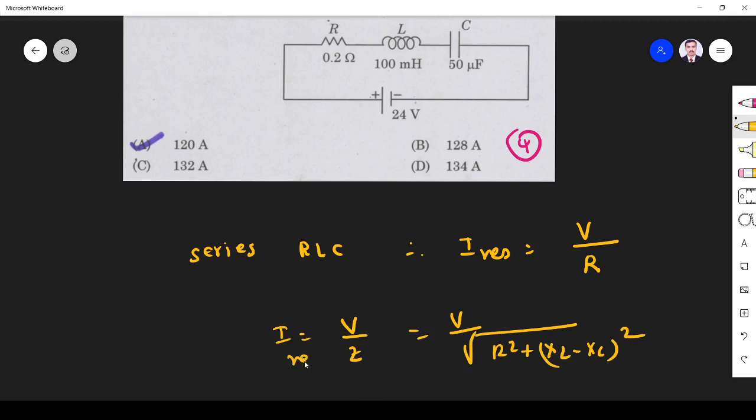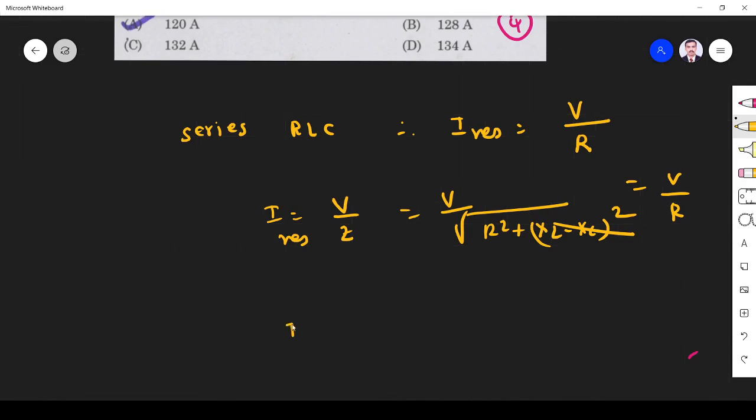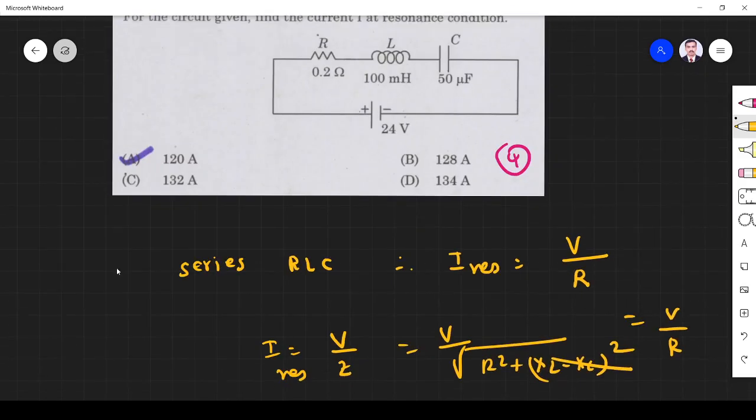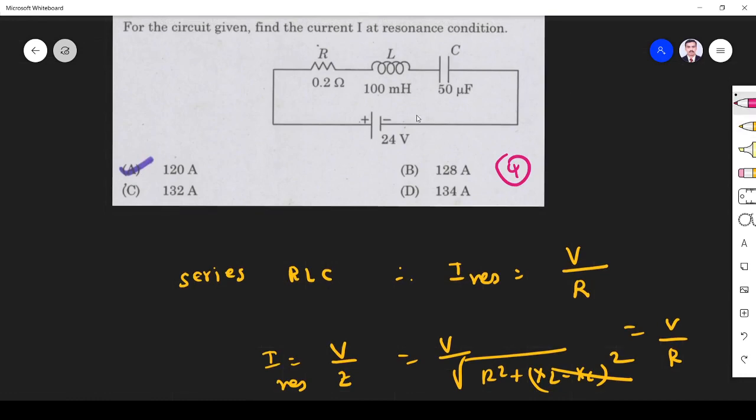But at resonance, XL is equal to XC, so it cancels. So it is V by R. V is 24 volts and R is 0.2 ohm, so I is equal to 24 divided by 0.2, which is 120 ampere. So the answer is option A, 120 ampere.